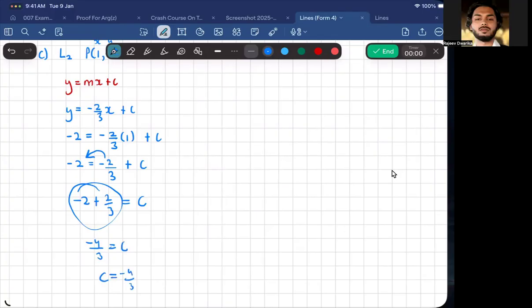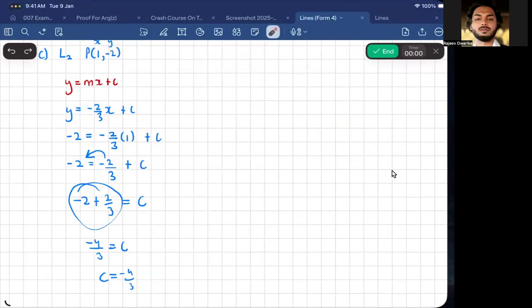Or you add, but negative 2 is the same thing as negative 6 over 3. So negative 6 over 3 plus 2 over 3. Negative 6 plus 2 is negative 4. Negative 4 over 3.